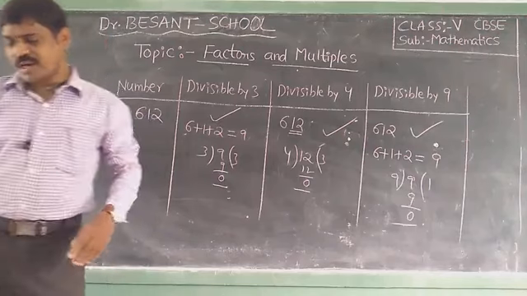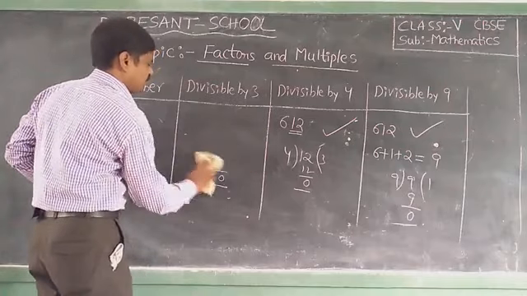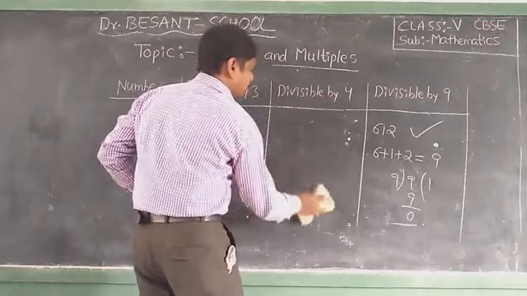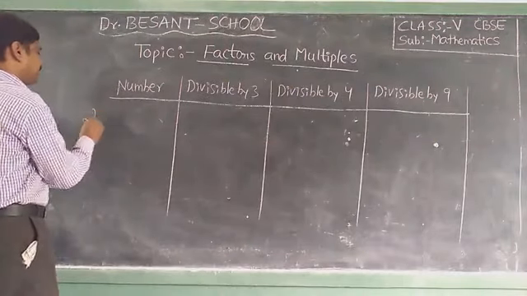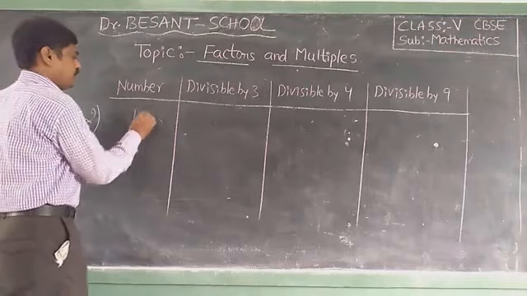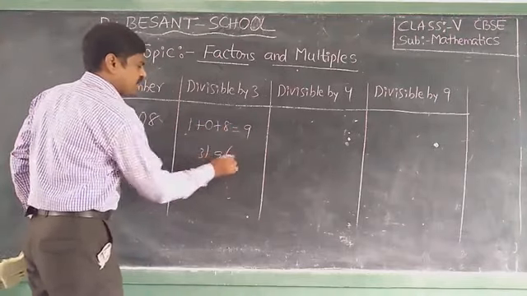Next, children, note down this one. Next, second example, 108. 108 means 1 plus 0 plus 8, 9. 3 3s are 9.